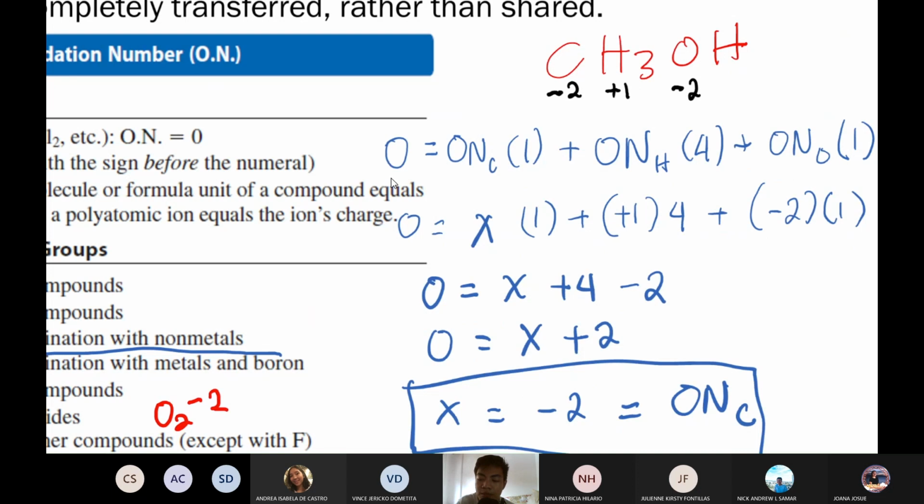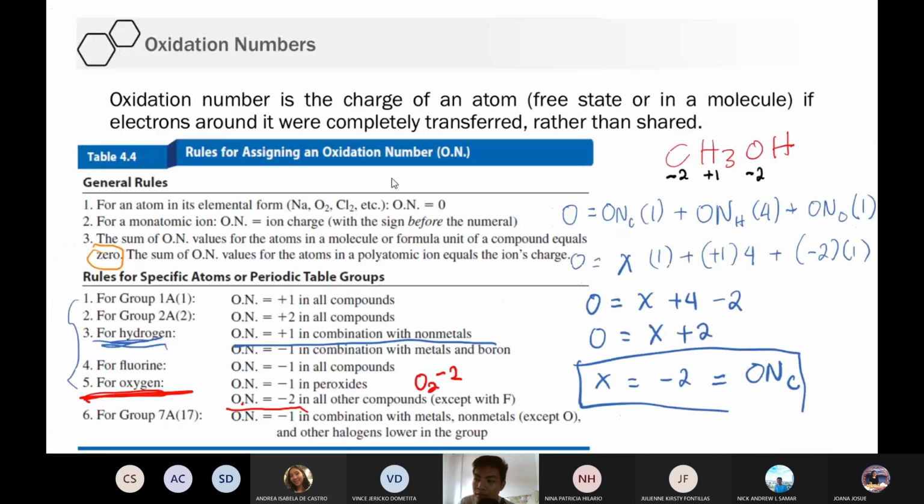Okay? So, ano yung pinaka idea dito? Is that ganito. If you have a compound, pwede mo malaman yung oxidation number ng ibang atoms. However, if those atoms are not written here, ito sa baba, if their oxidation numbers are not stated here, then you will solve for them. Sila yung isa-solve mo.